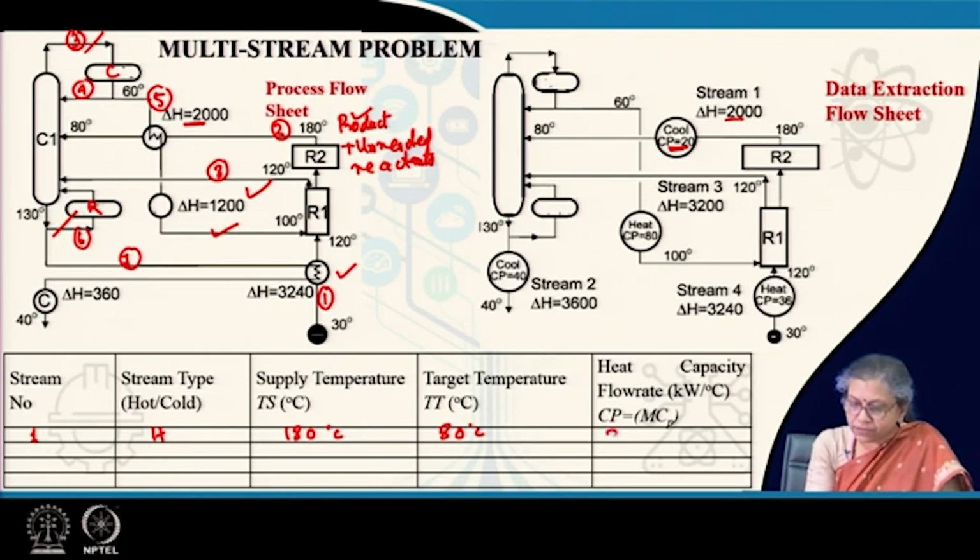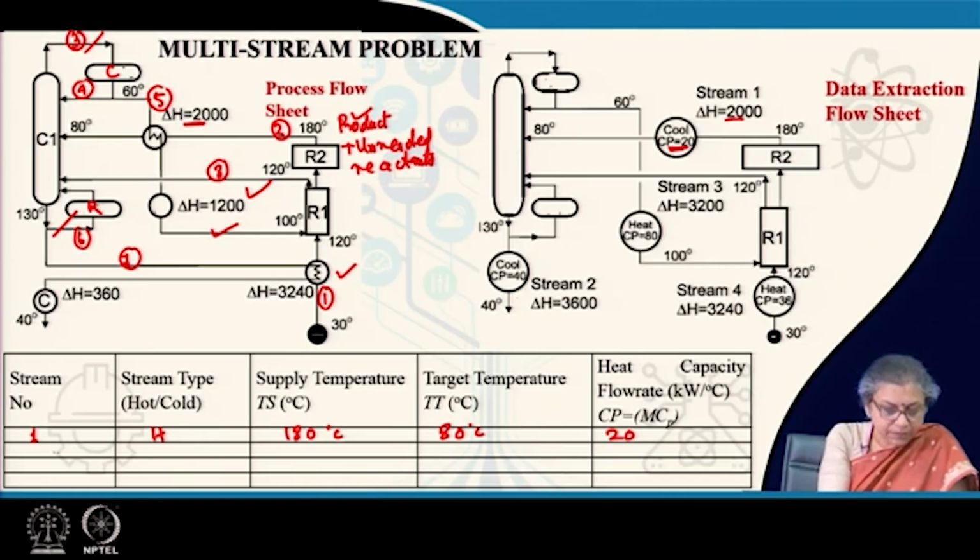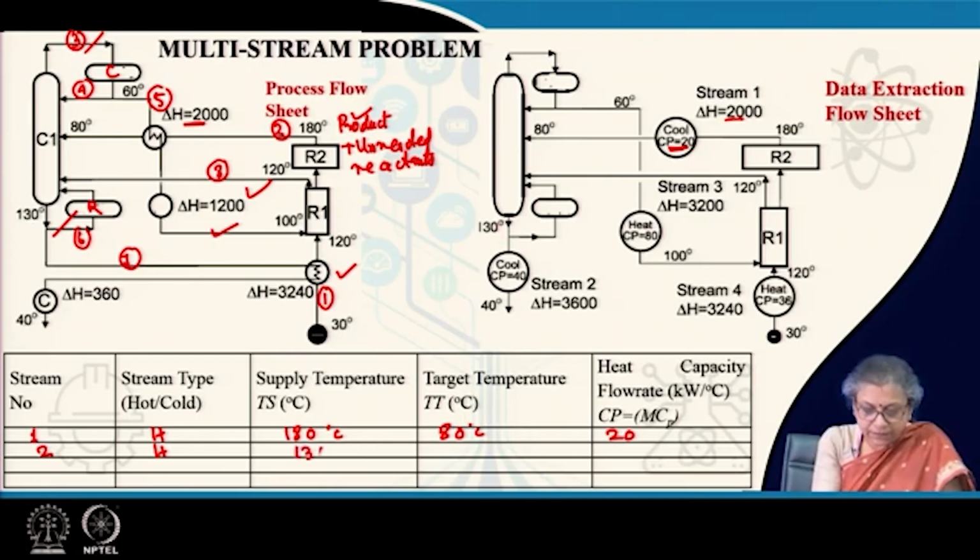The Cp is 20. What is the second stream? The next hot stream, this is stream 2, this gets cooled from 130 to 40 degree centigrade, right. For this, again, since delta H is provided, I can find out the Cp. The Cp in this particular case is 40.